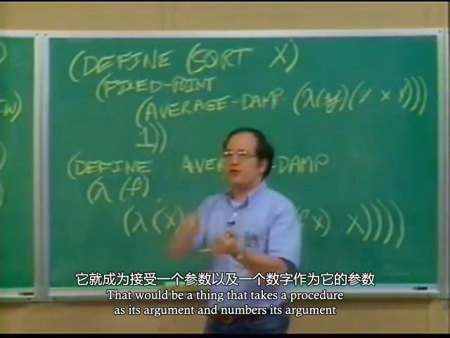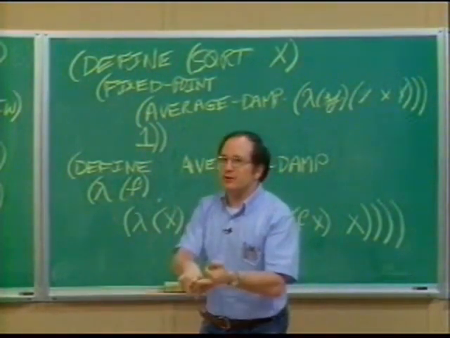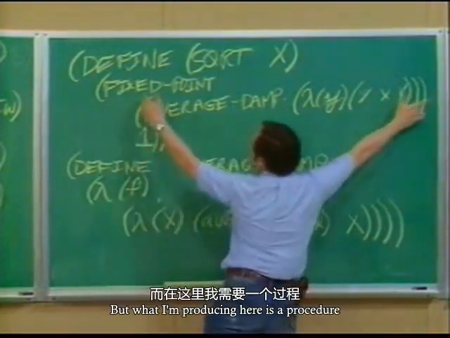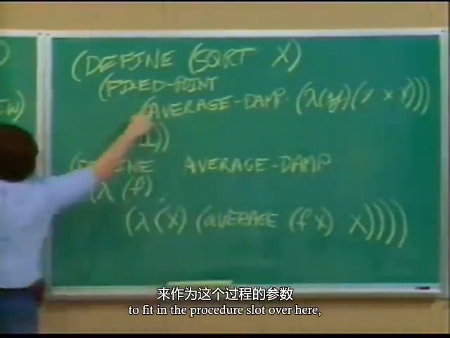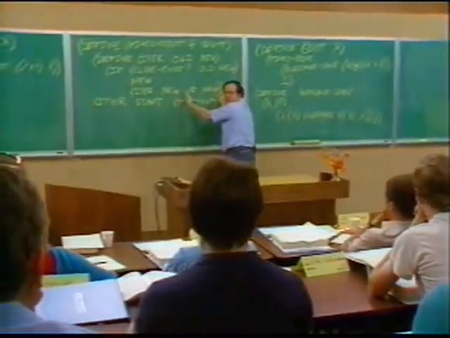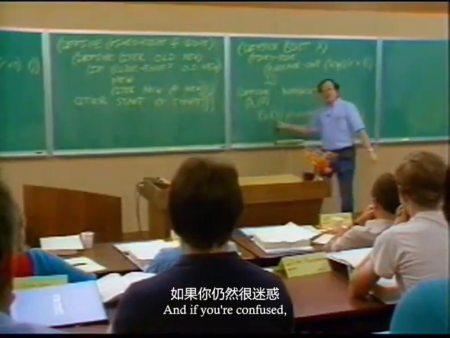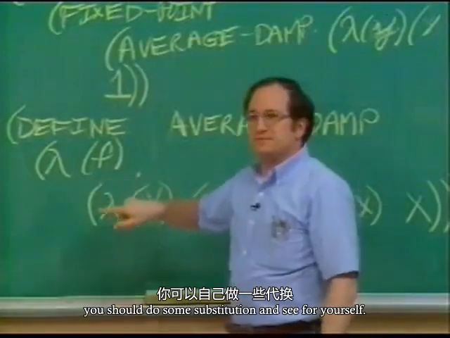That would be a thing that takes a procedure as its argument and a number as its argument and produces a new number. But what I'm producing here is a procedure to fit in the procedure slot over here, which is going to be used over here. So the number has to come from here. This is the thing that's going to eventually end up in the x. And if you're confused, you should do some substitution and see for yourself.